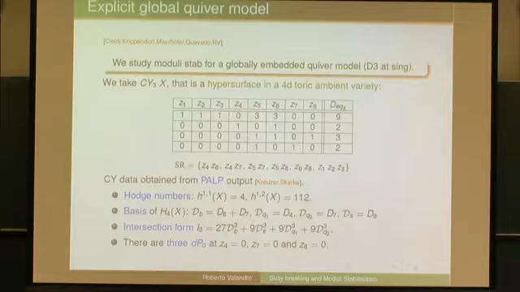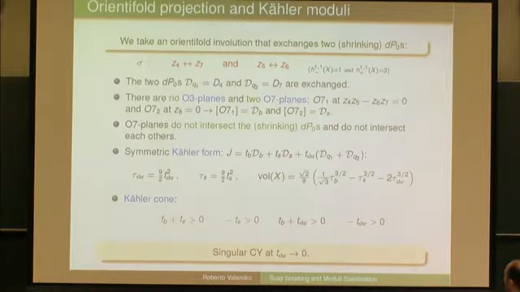This is just an example of a toric ambient variety where you can take a hypersurface, and this is a Calabi-Yau. You can compute the topological numbers, the intersection form. This will allow you to compute the volume, and also to see what brane setup you can put in it. In particular, in this example, you will have two del Pezzo divisors that, if shrunk, can support D3 brane singularities.